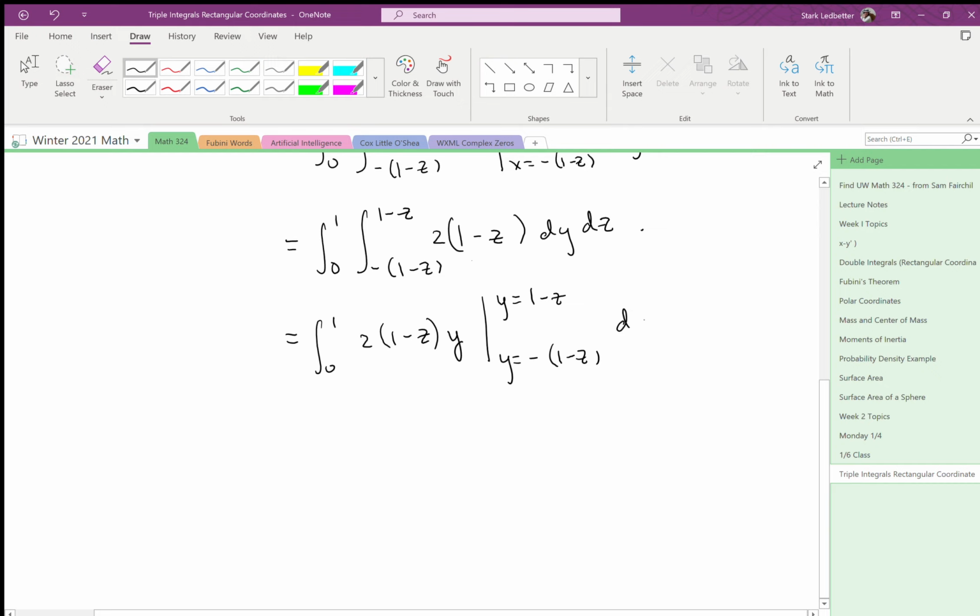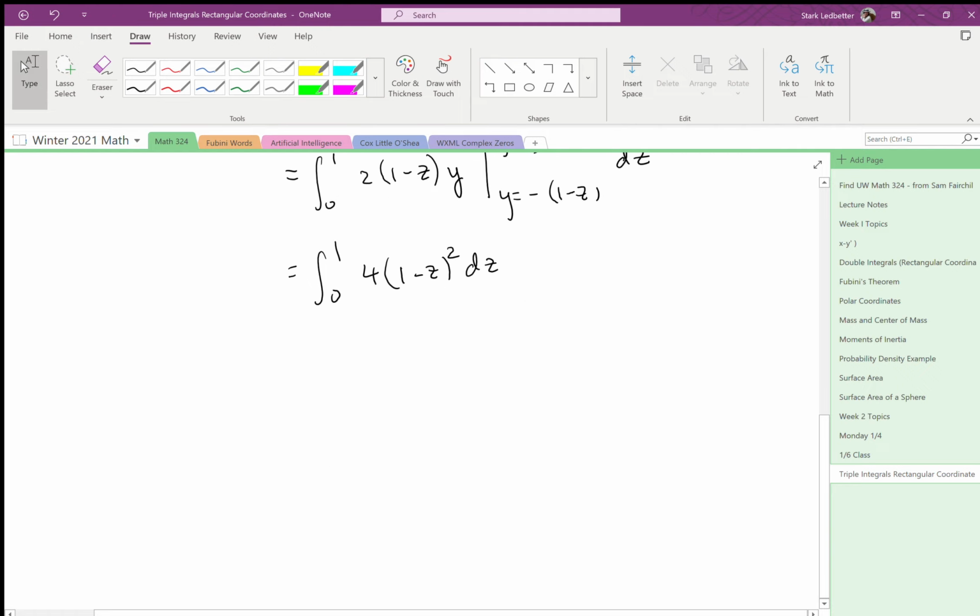And then much the same thing as before as we plug in the bounds, we'll get another factor basically of 2 times 1 minus z. So that's what it ends up being. And then let's expand this so that we can integrate. So 4 minus 8z plus 4z squared dz.